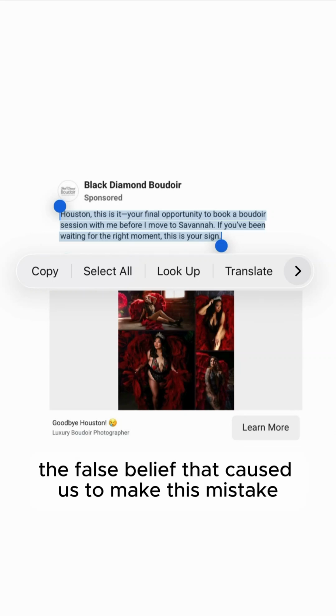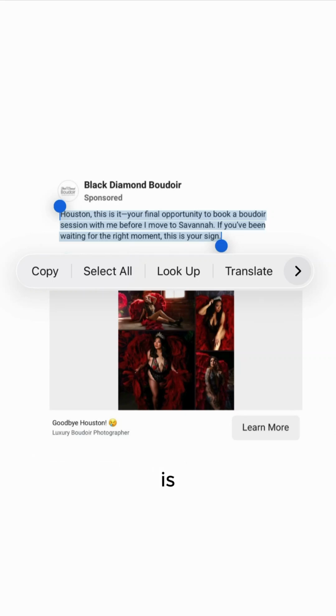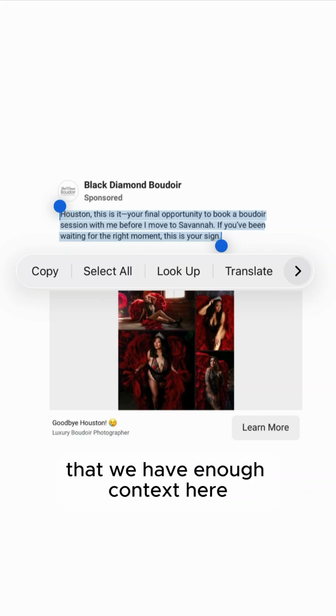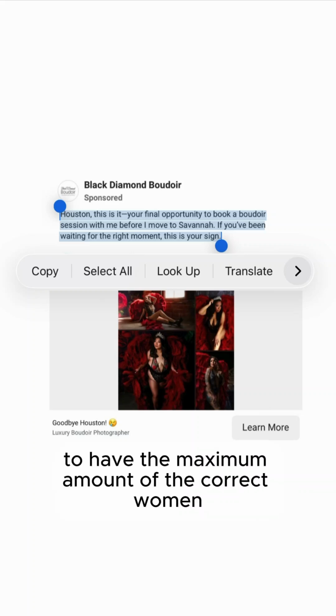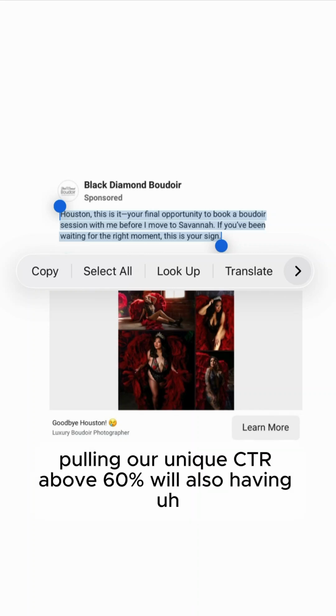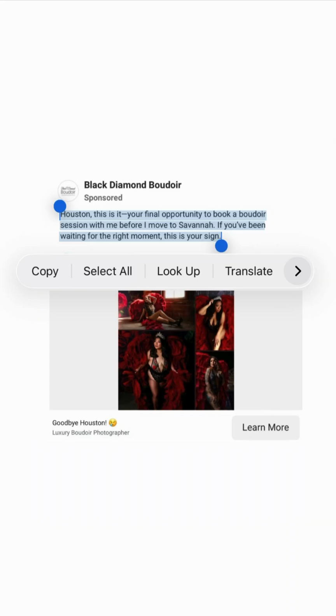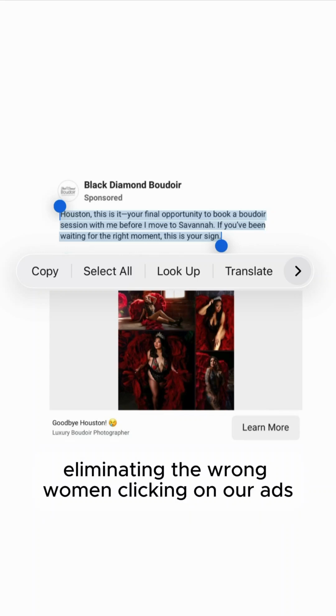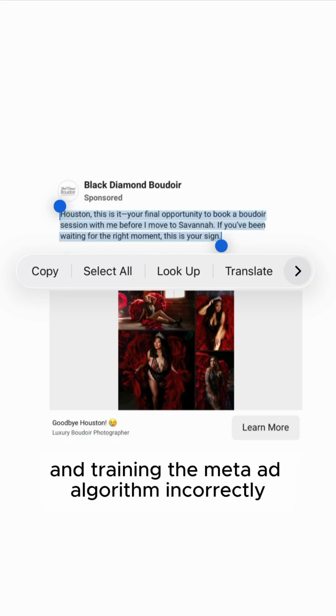The false belief that caused us to make this mistake is that we actually believe we have enough context here to have the maximum amount of the correct women clicking on our ads, pulling our unique CTR above 6%, while also eliminating the wrong women clicking on our ads, which would be wasting our money and training the Meta ad algorithm incorrectly.